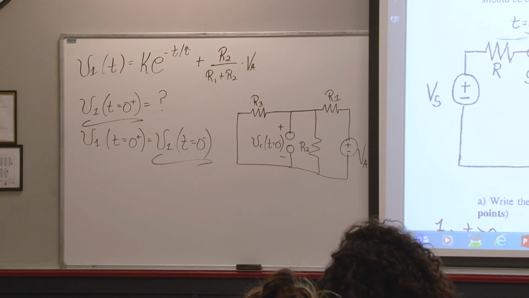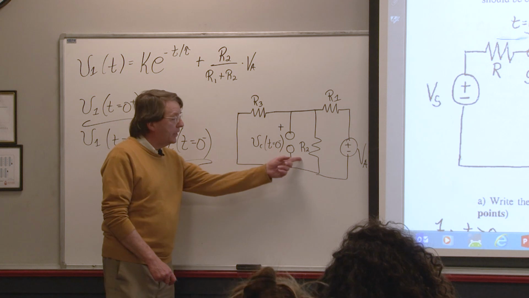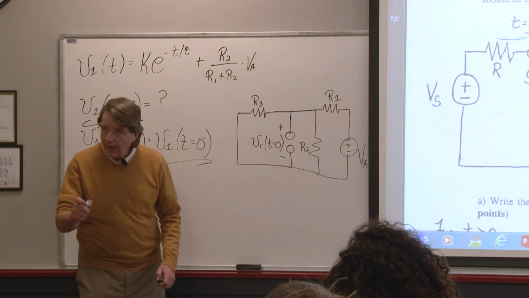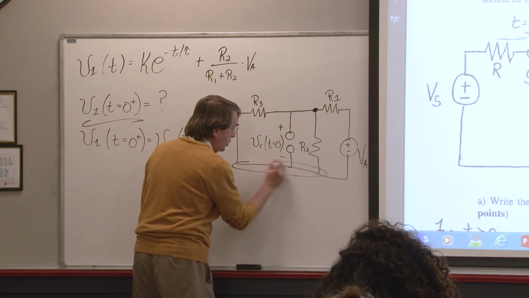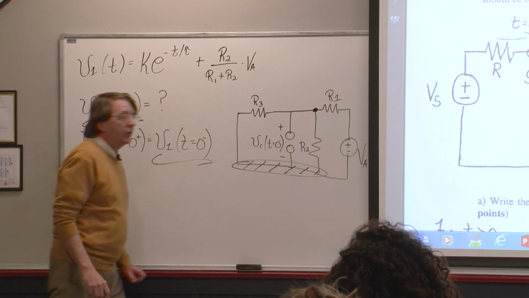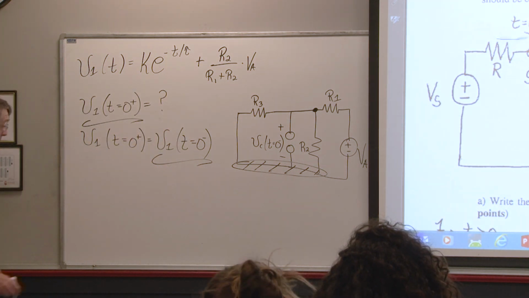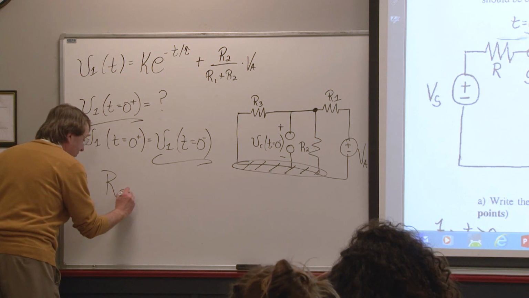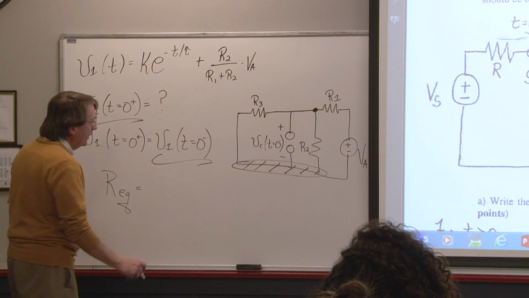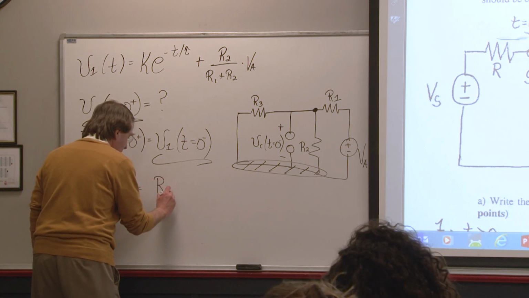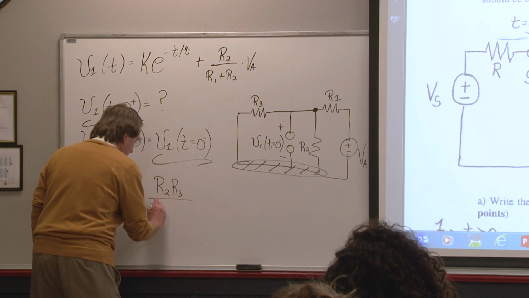So I say, okay, I now have to get that voltage. I think R3 and R2 are in parallel. How do I see that? Same node here and the same node here. R2 and R3 are in parallel. So I can define, and stop me please if I'm not making sense, an REQ. The REQ is going to be product over the sum.